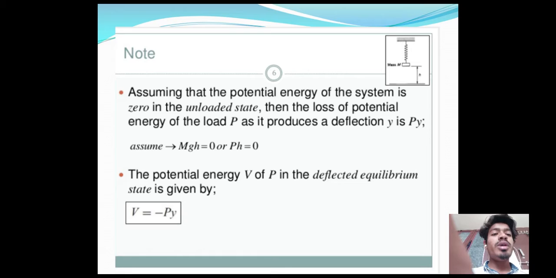Assuming the potential energy of the system is zero in the unloaded state, the loss of potential energy of the load P as it produces a deflection y is Py. So the potential energy V of P in the deflected equilibrium state is given by V equals minus Py.